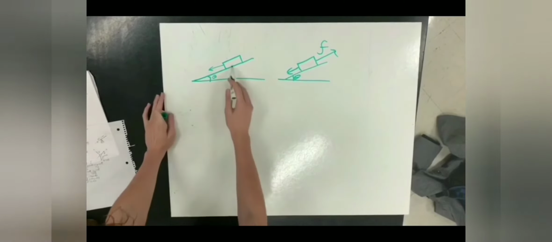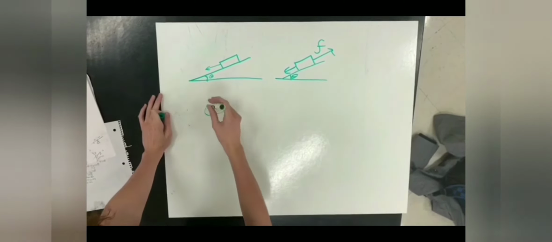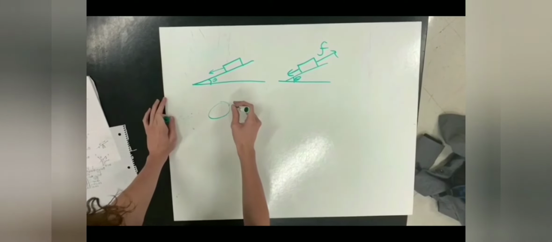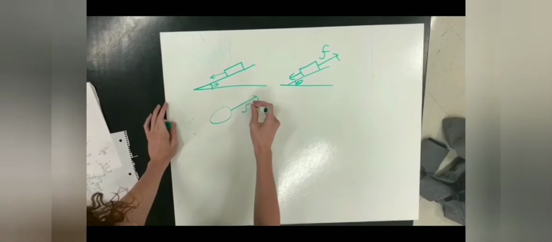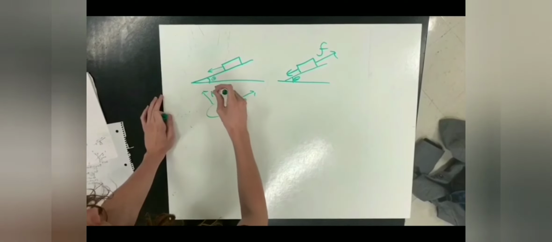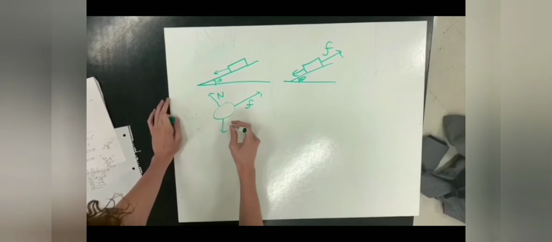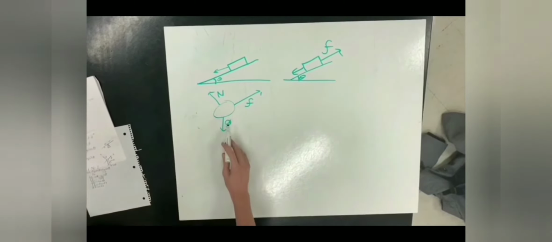So, if we draw a free body diagram for the brick, we have the frictional force that we're trying to find. We have the normal force from the plank onto the brick, and we have gravity.